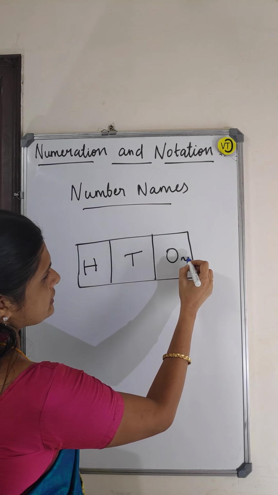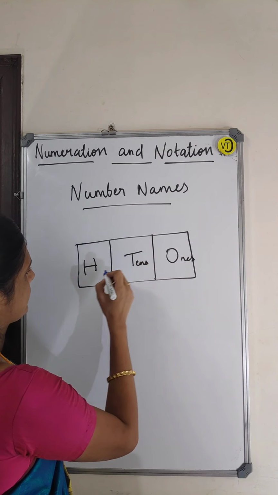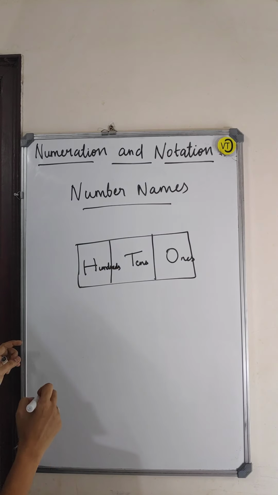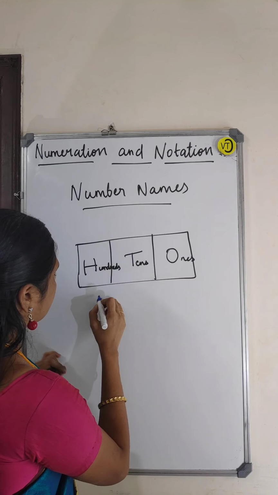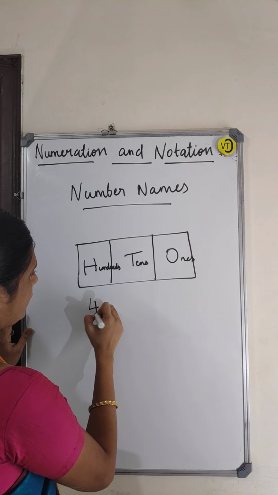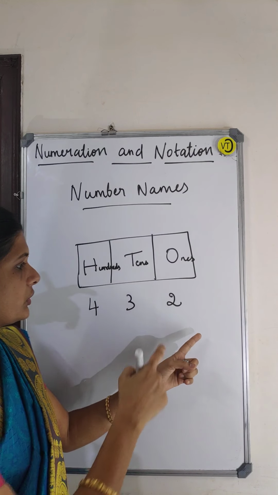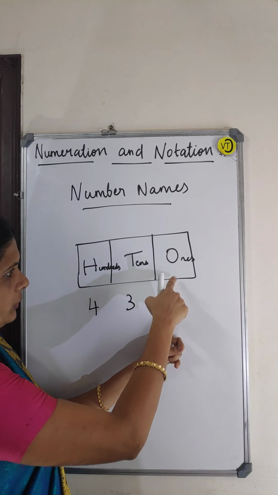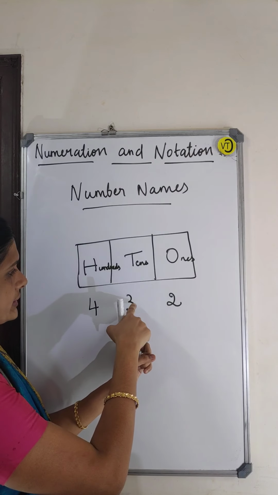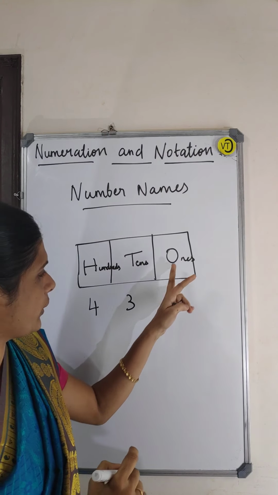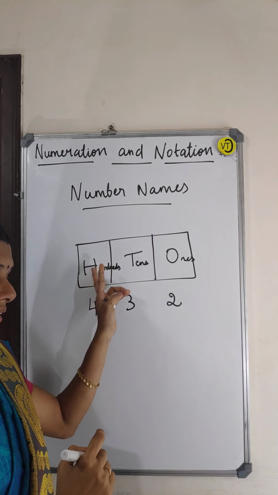This is ones, this is tens, this is hundreds. Okay. Now take a number like 432. The 2 will be ones. 2 ones, 3 tens, 4 hundreds.